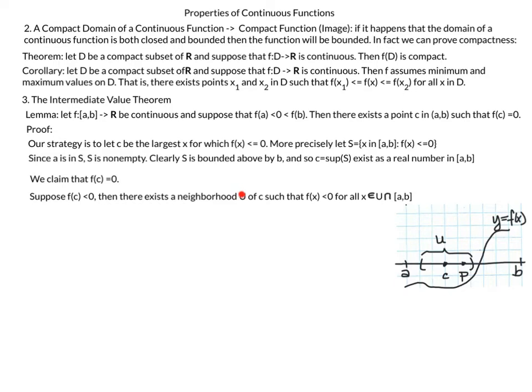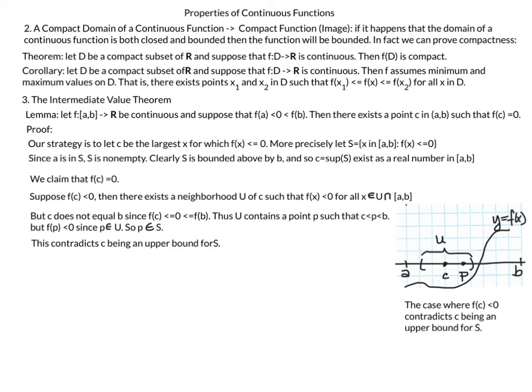Then there exists a neighborhood u of c such that f of x is less than 0. This is why my drawing was off, because now we're going to assume that f of c is less than 0. And then here's our neighborhood u of c such that f of x is less than 0.